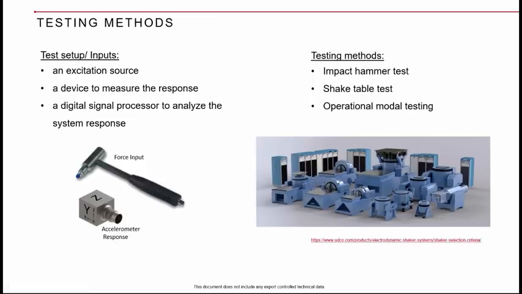Now there are various testing methods available depending upon the input excitations. We can see impact hammer test, shake table test, and operational modal testing, which are quite common. There are several other testing methods like operational deflection shape testing also. But these are the three main ones which you will come across in the aviation industry.